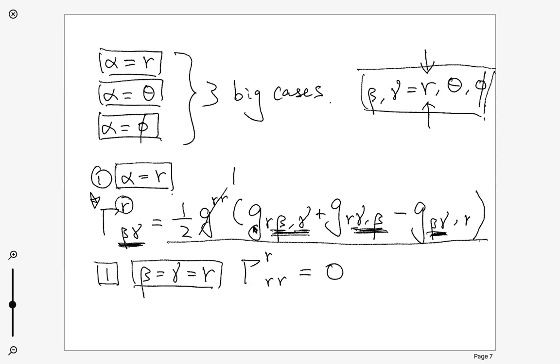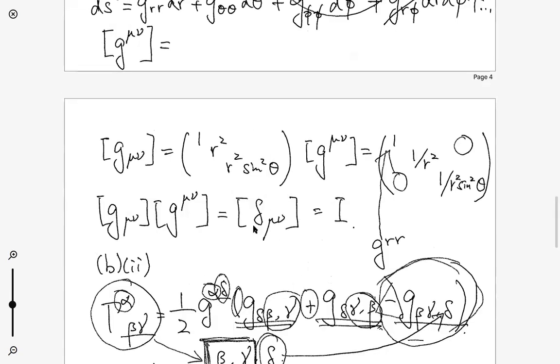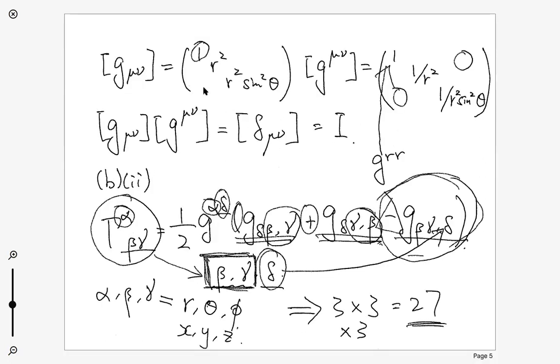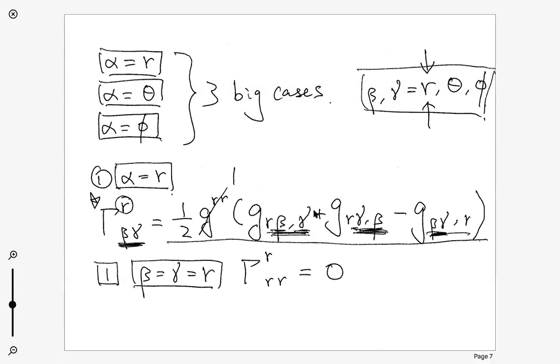I don't even need to write it down because you can quickly realize that all the indices here are all r, okay? And then what is GRR? GRR is 1, right? As Yato just mentioned. It's just a constant. And the terms here are all derivatives, right? So the derivative of a constant is 0. So very good. The RRR component is 0.